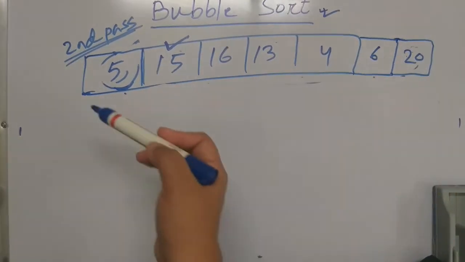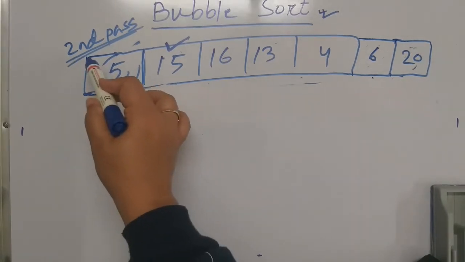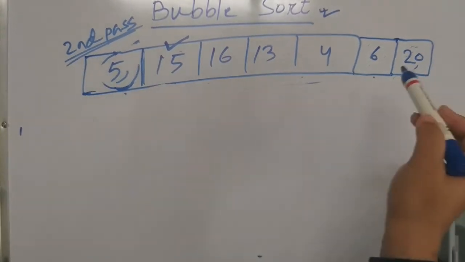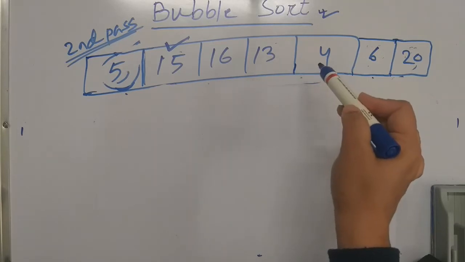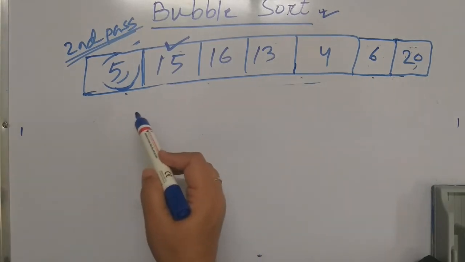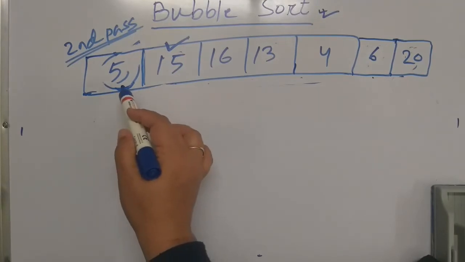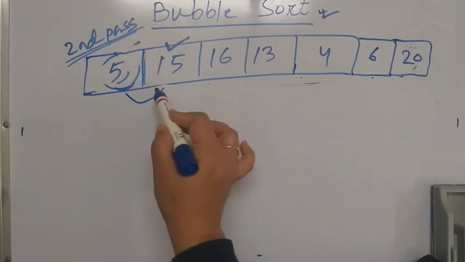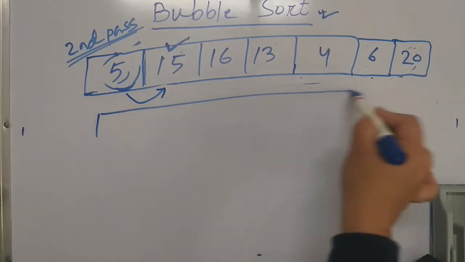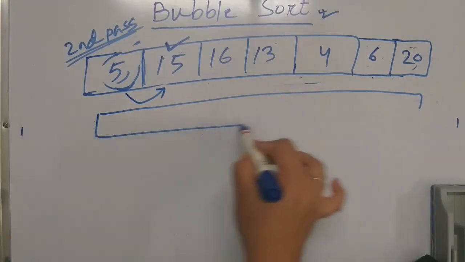In the second pass, we take the first pass result as the input. Then we compare 5 with 15. Whenever 5 is compared with 15, it remains as it is.